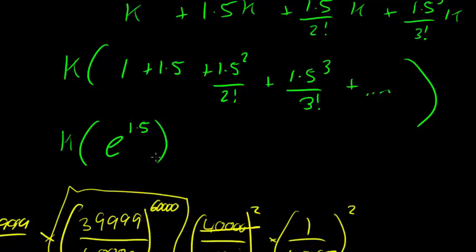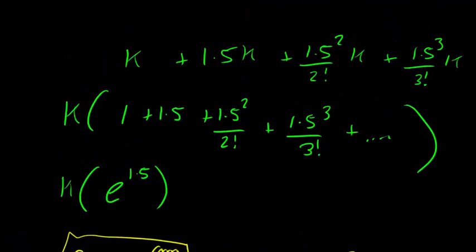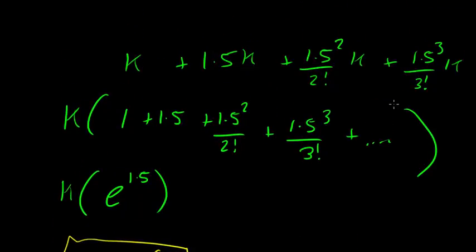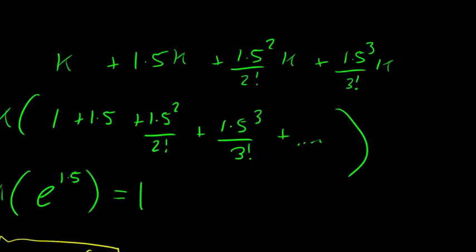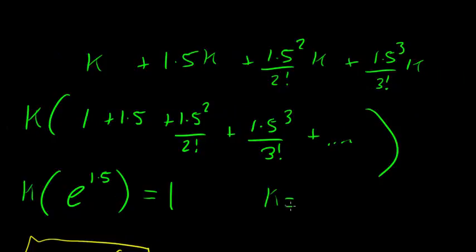Now this value here of e to the 1.5 was the basis for our Poisson distribution. And you should all know that if you add up all the probabilities of a Poisson distribution, they come out to be 1. At which point I can link this in and say, well, hang on, the value of k in that case is going to be e to the minus 1.5, because it's 1 divided by e to the 1.5.